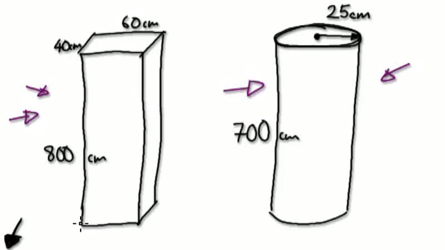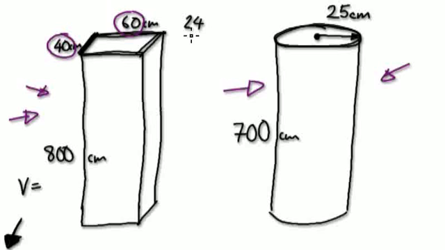So here, let's work out the volume of this thing here. So V equals, well, work out the area of this thing, and then we can drag it. So get this times this. I'm going to cheat. 4 times 6 is 24, and then 2 zeros.